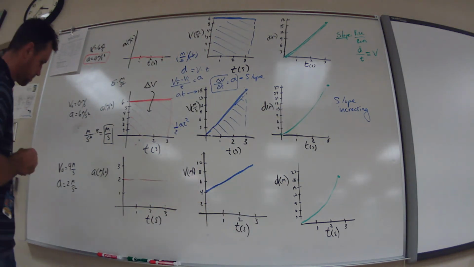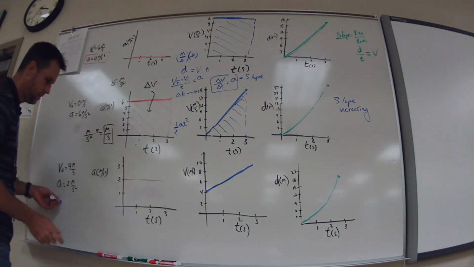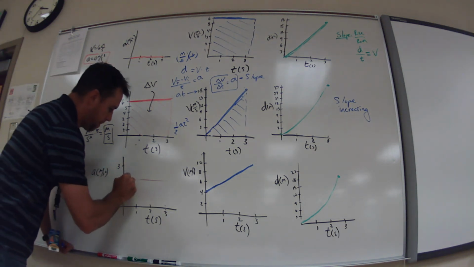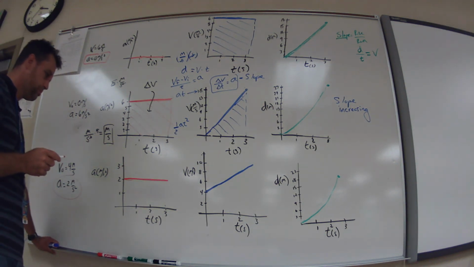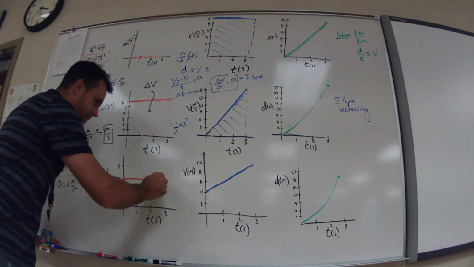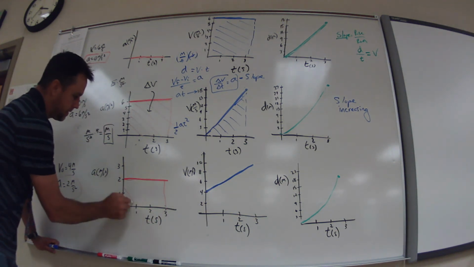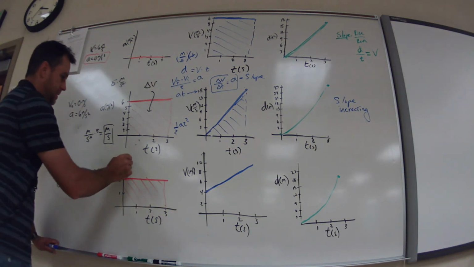Last scenario. I've got an acceleration of 2 this time. I have an initial velocity of 4. So I draw a horizontal line at 2 for the 3 seconds. And now I want to find that area, so I can make my velocity time graph, right? So the area is 6.